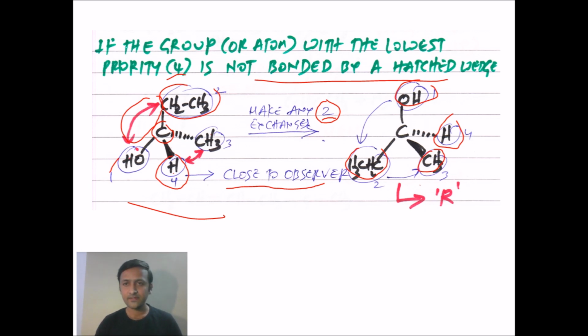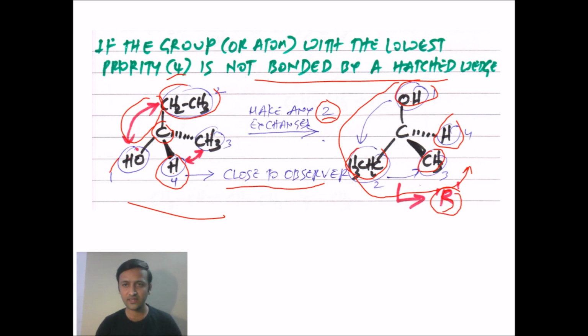Okay, so now the priority is given, right? OH is 1, ethyl is 2 and methyl is 3. So you can see the direction right here. Now 1 to 2 to 3 means it's moving in anti-clockwise direction, right? So it's not R, it should be S configuration.